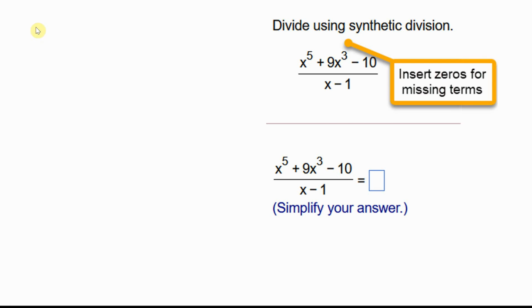So this guy is looking like x to the 5th plus 0x to the 4th plus 9x to the 3rd plus 0x squared plus 0x minus 10. And this guy is divided by x minus 1. A lot of missing zeros, huh?